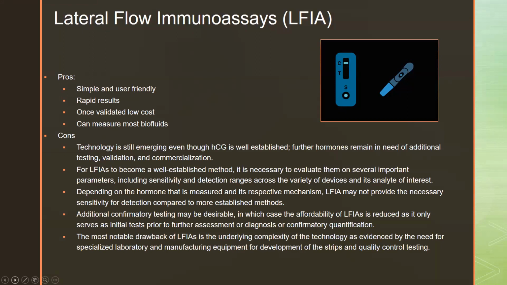However, it is still emerging. There are some companies where you can use it with cortisol, but as far as validation with other hormones, there's not a lot out there. If you're looking at growth hormones, hCG, things of that sort, a lot of stuff is out there, validated and commercialized. But if you're looking at testosterone, good luck. It's not something you can use that I know of yet.